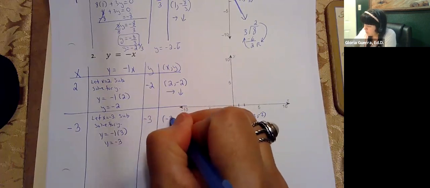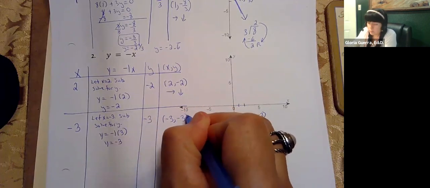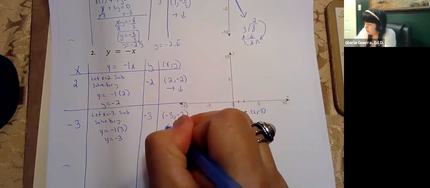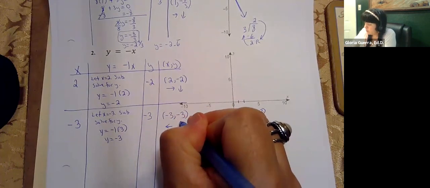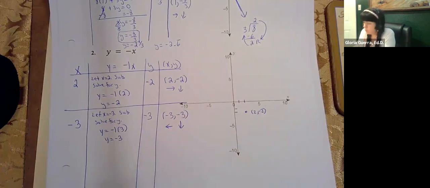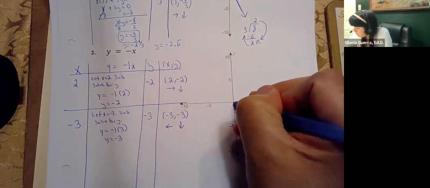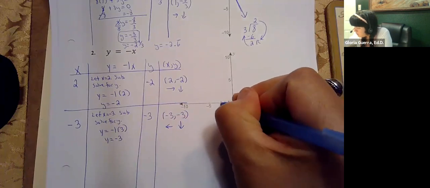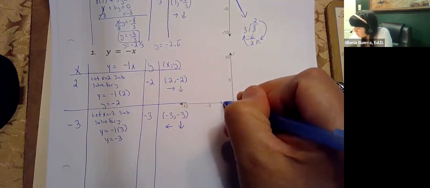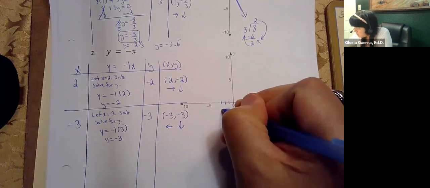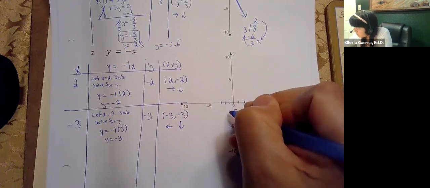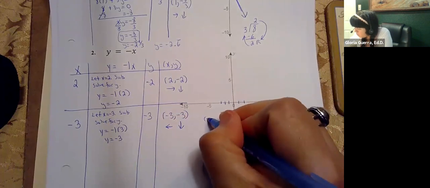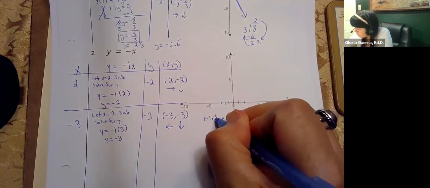When x is -3, y is also -3. This tells you to go to the left -1, -2, -3, hold your pencil, and then go down -1, -2, -3. So that's about right there, -3, -3.